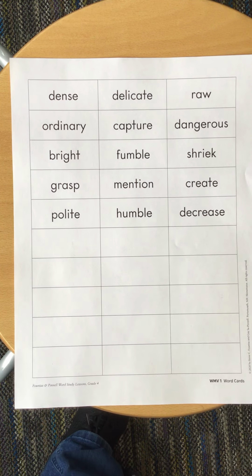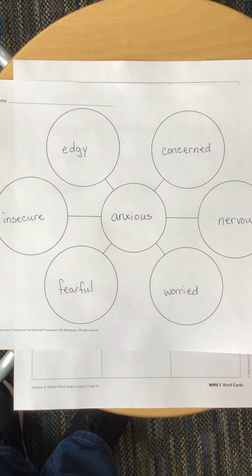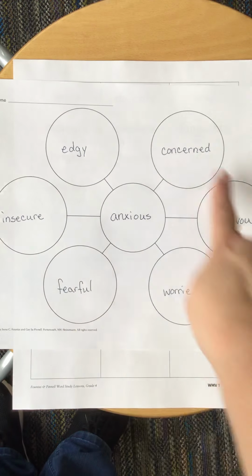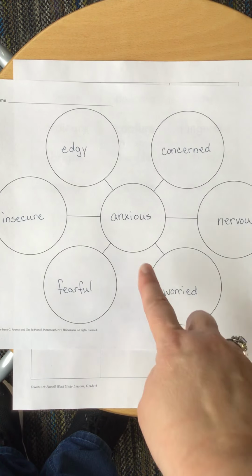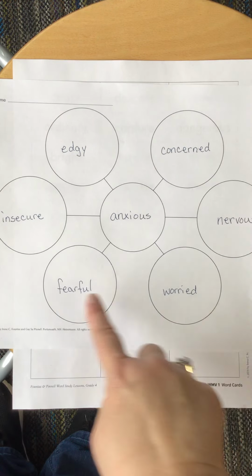You can just copy this form into your reader's notebook. If you have a printer, you can print it off, and then you can make as many copies as you want. This doesn't have to be your whole page. You could maybe get 2 or 3 words on one page. You don't have to have 6 circles.